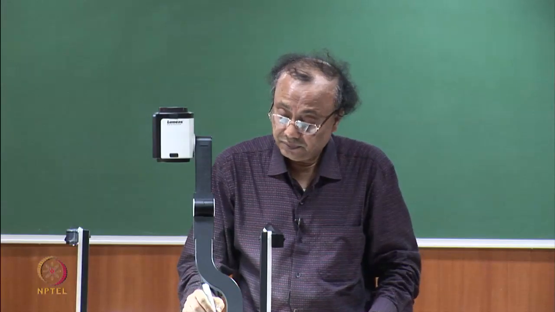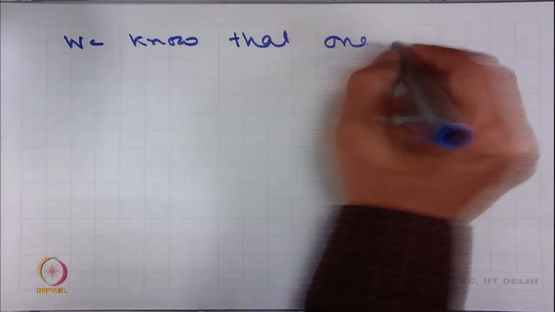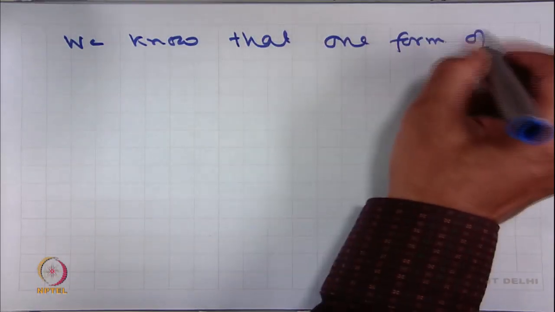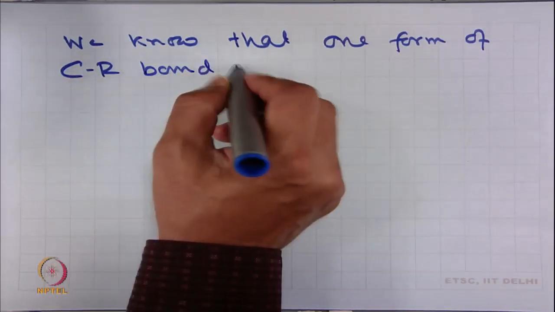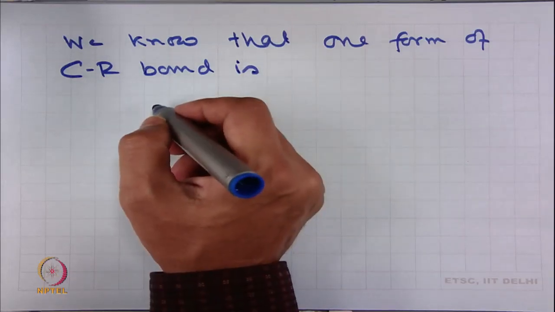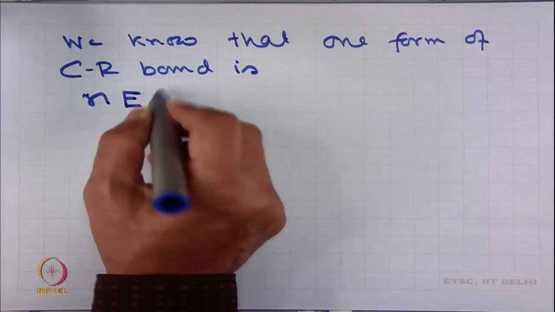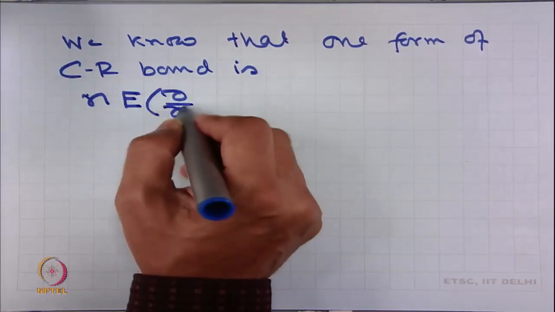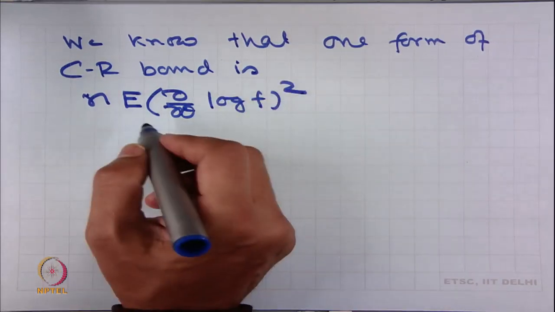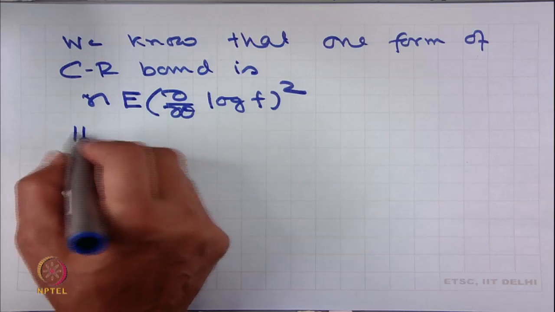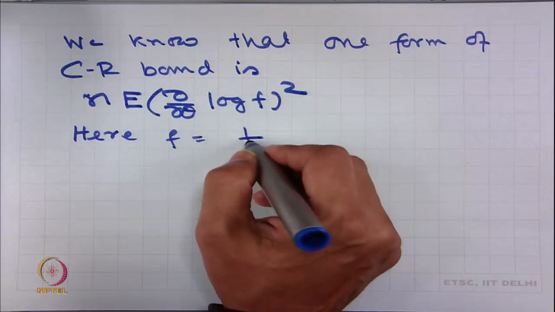We know that one form of Cramer-Rao bound is n times expected value of del theta log f square. Here f is equal to 1 by theta.